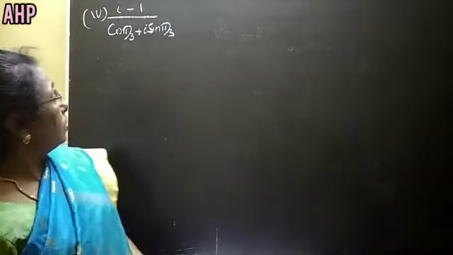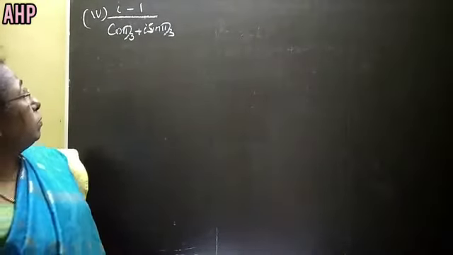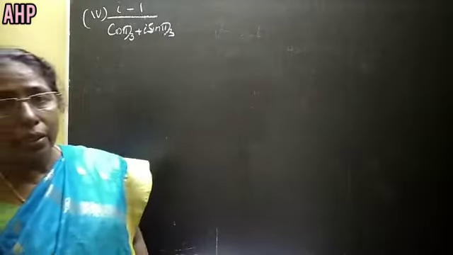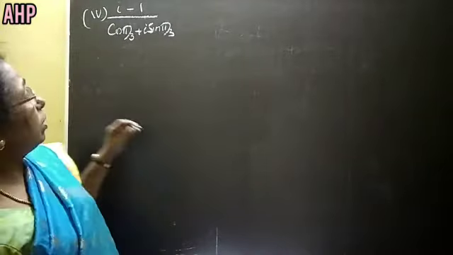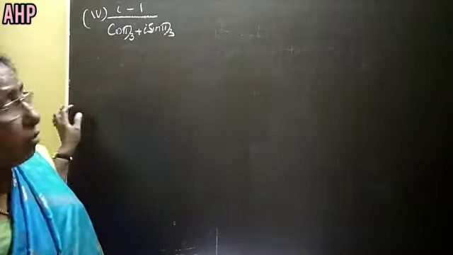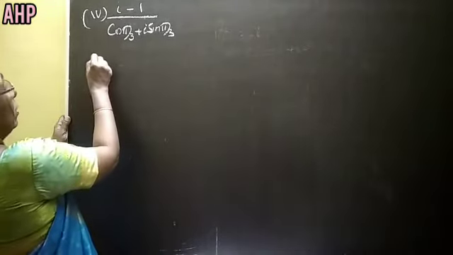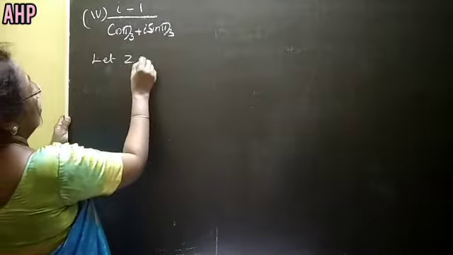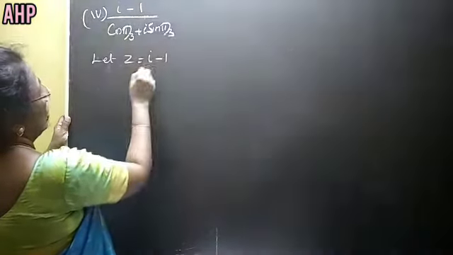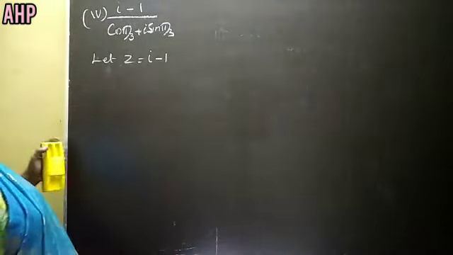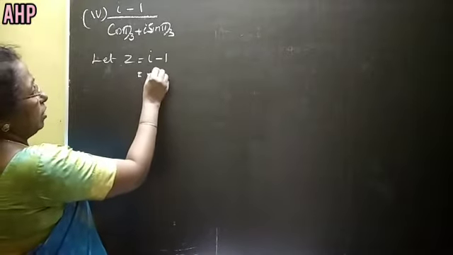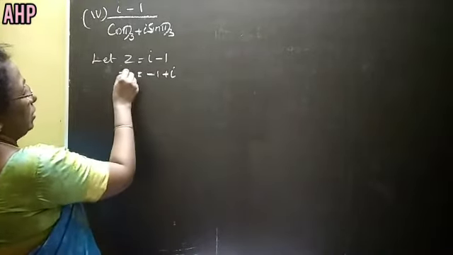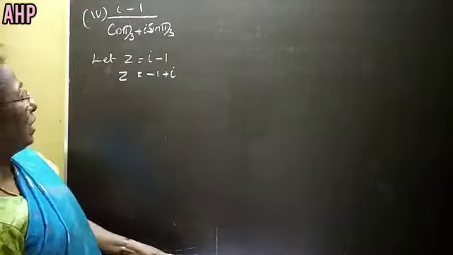The next question is i minus 1 by cos pi by 3 plus i sin pi by 3. Now let us try to simplify the numerator first. Therefore, let z is equal to i minus 1. So this is equal to minus 1 plus i.